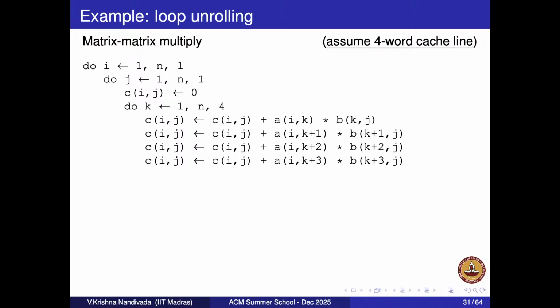You seem to be very quiet, my friend. Why? You are following what's happening? Good. So my number of floating point operations has not changed. My branches have changed. What about loads and stores?